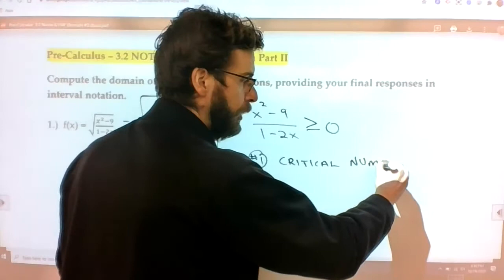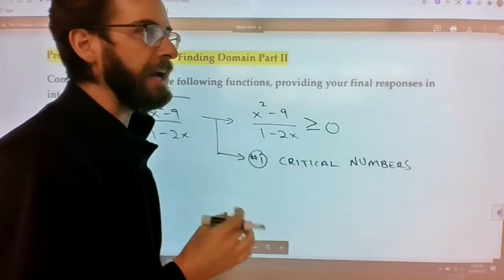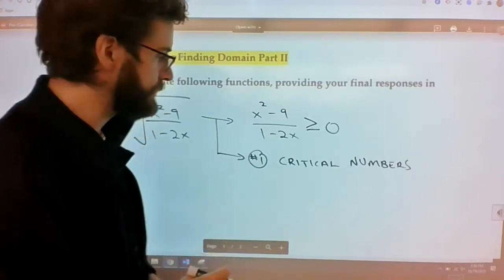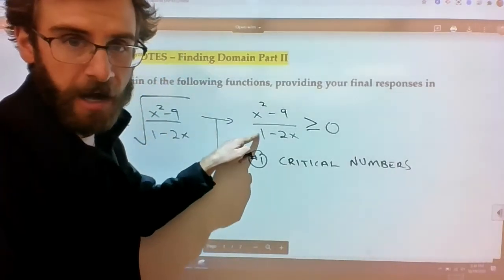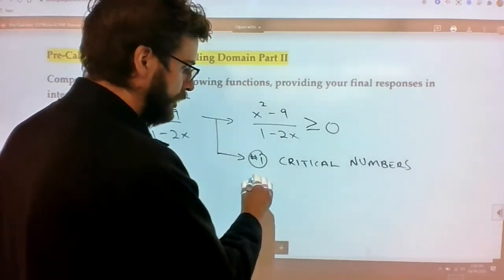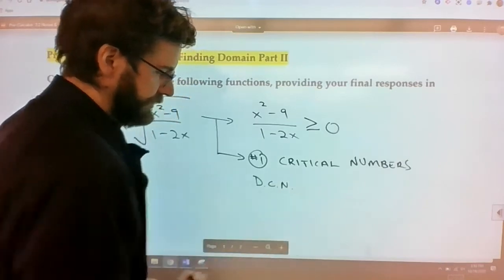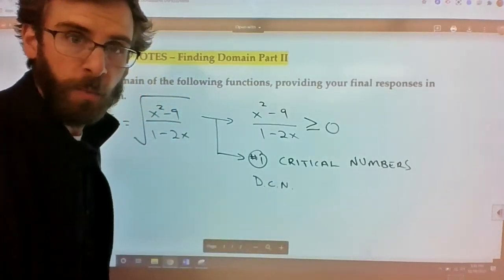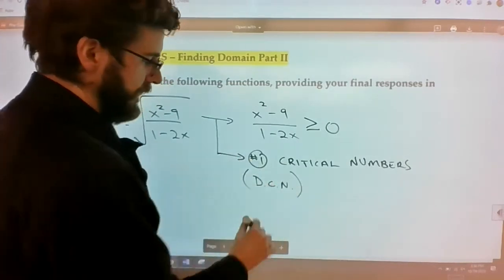These will help guide the intervals that you need to set up and test. So the first set of critical numbers will be gotten by setting the bottom equal to 0. I'm going to call these domain critical numbers. The domain critical numbers are ones that need parentheses every single time.